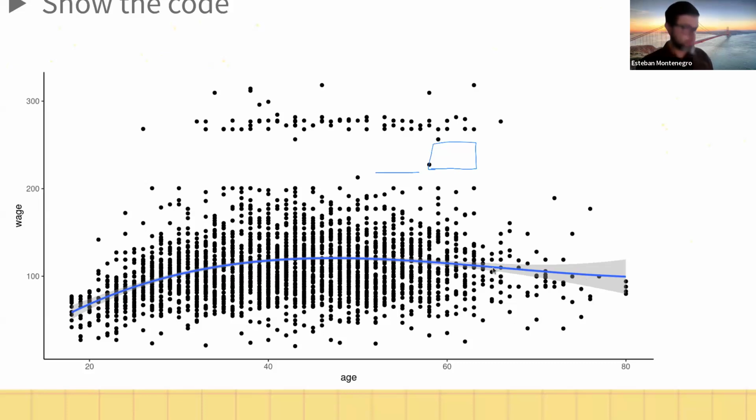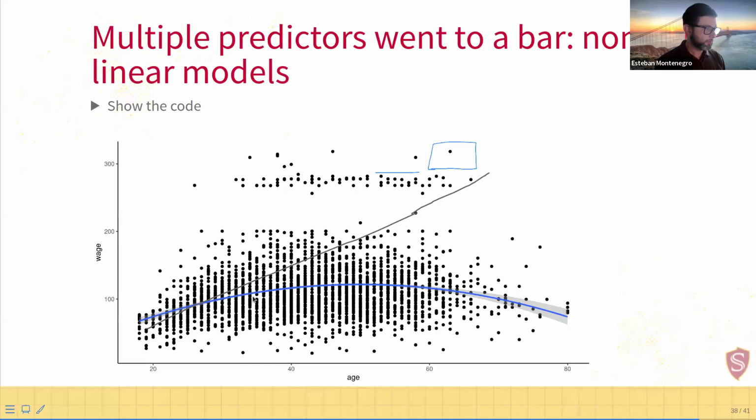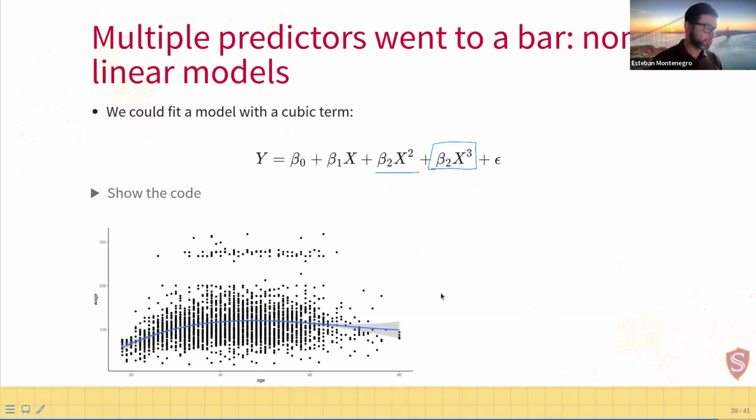And actually, this is not the best model for this data, even though we try to fit it. I would say that the quadratic model is the best model for this data, because it adjusts better the line of best fit to the data. So it's way smoother compared to this one.